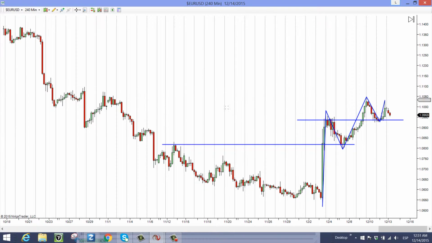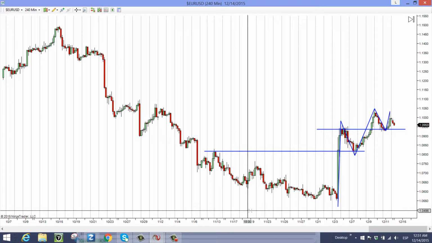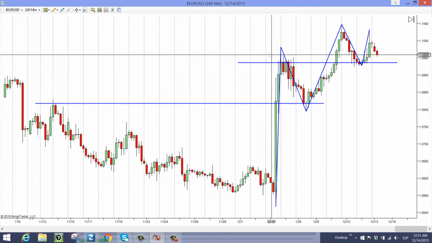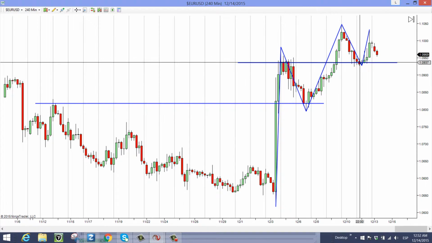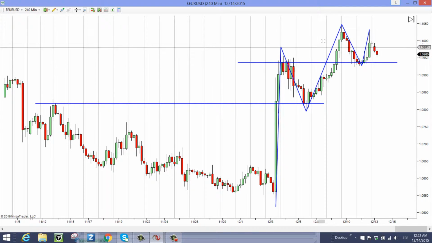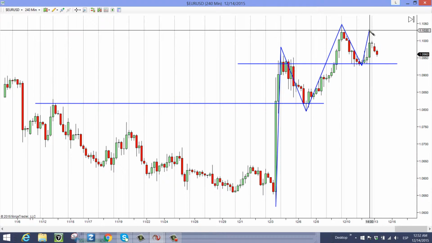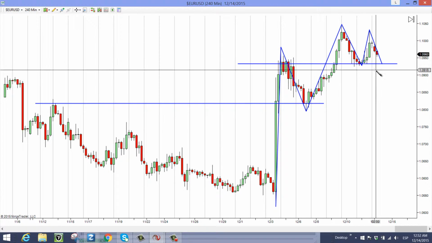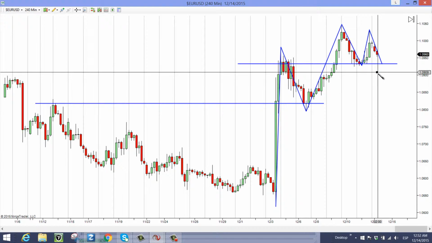So let's take a look at how I can get into this trade. The market just retested this previous resistance, now support, and the market is retracing, looking at this level once again. If I want to, I can wait for the market to go to this level once again and look for an opportunity to get long.